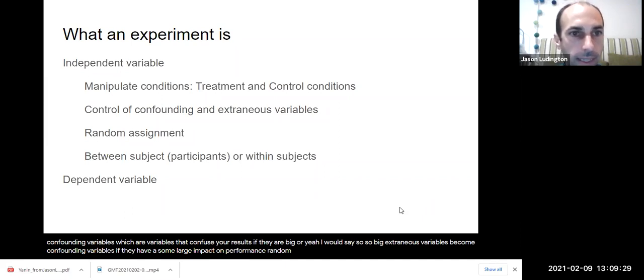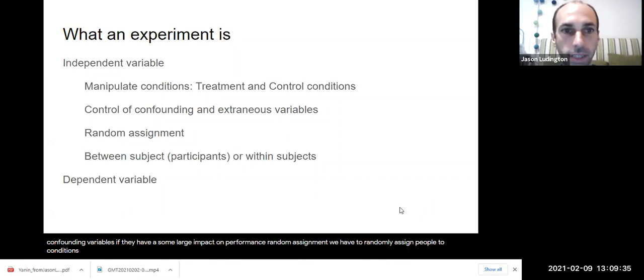Random assignment. We have to randomly assign people to conditions. If it's not random, then the criteria by which you assign people to conditions could be the cause of their performance difference.